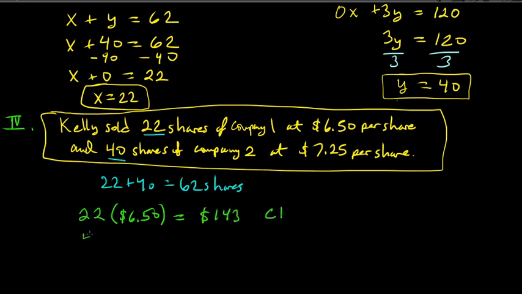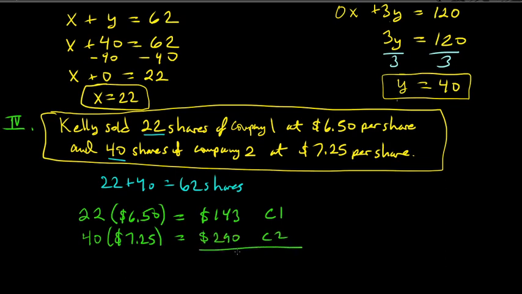And then for company 2, there were 40 shares times 725. So again, I'm going to use a calculator for that. No, I probably shouldn't need it. And I get $290. And that's just for company 2.